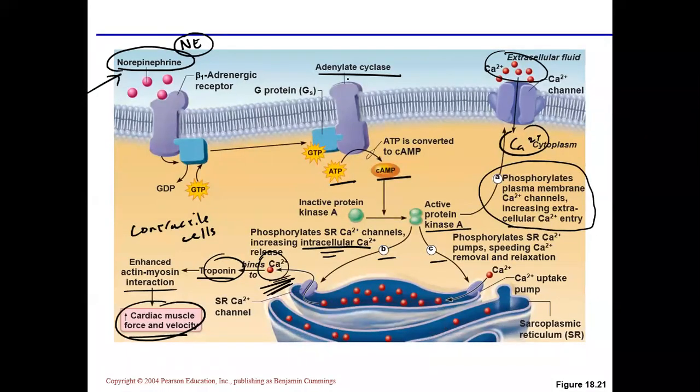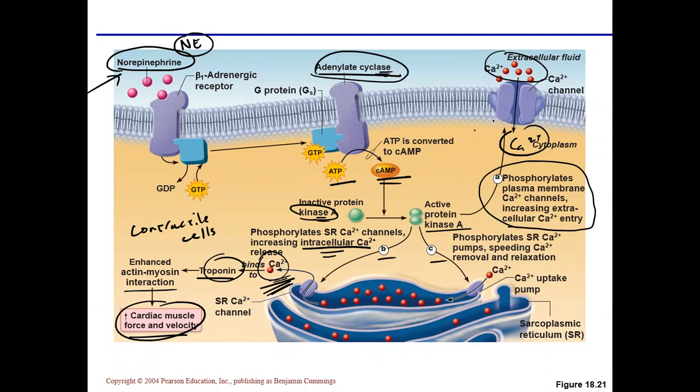Here is one enzyme, adenylate cyclase. Here's another enzyme, protein kinase. Remember, enzymes end with ASE. And there are other ones as well. So if acidosis interferes with the normal three-dimensional structure of the protein, they're not going to do their job. So what does that mean? You have less cyclic AMP. What does that mean?